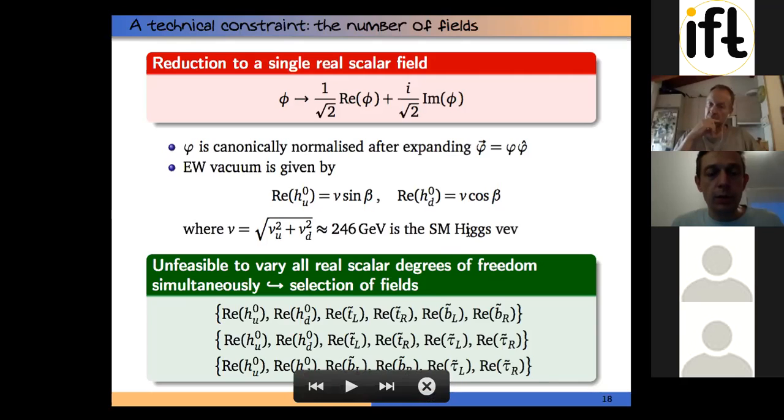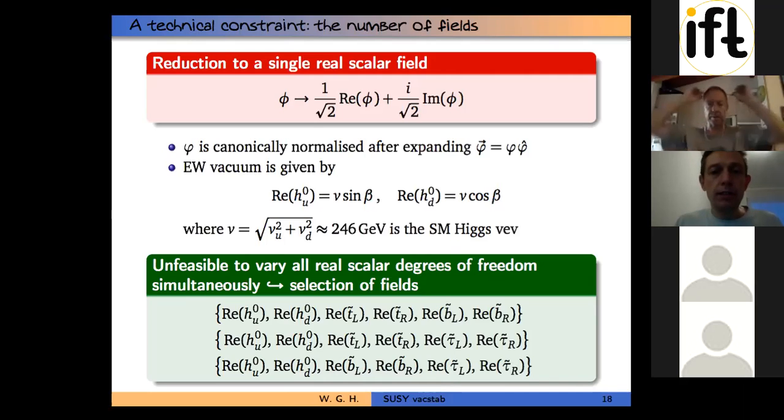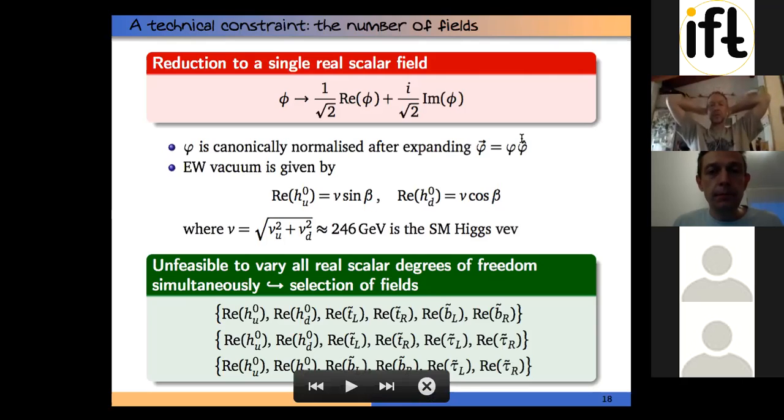The electroweak vacuum, of course, is given by the usual electroweak VEV and the angle beta. And here we are also considering only real fields and no spontaneous CP violation, which would make the problem even more complicated.